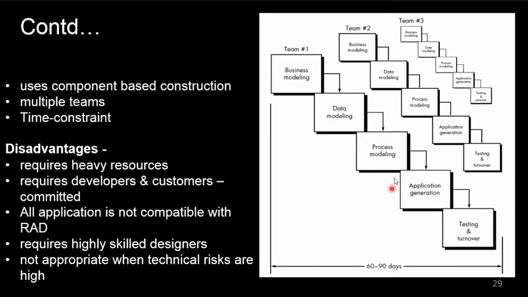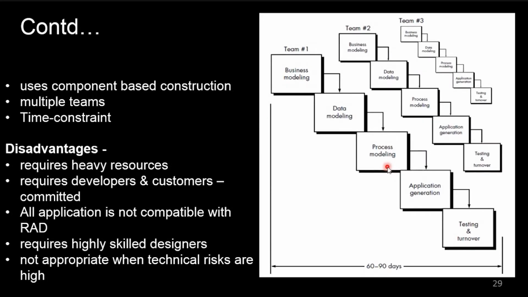After that, process modeling. The data objects or data entities defined in the data modeling phase are transformed to achieve the data flow, the information flow, which is necessary to implement your business function. Processing descriptions are created for adding, modifying, deleting, or retrieving any data object or data entity.